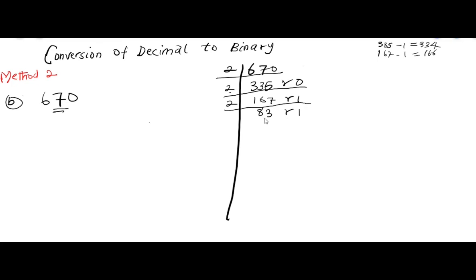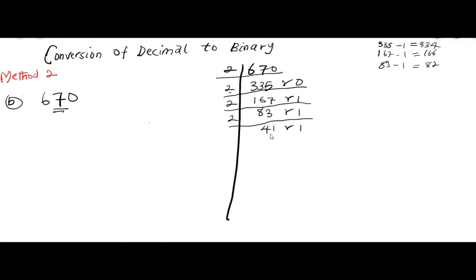Then 83, you need to divide by 2 again, but since it is not an even number, you have 83 minus 1, which equals 82. So you have 82 divided by 2, so you have 41. Since you subtracted 1 from it, you have remainder 1. Okay, then you have your line.